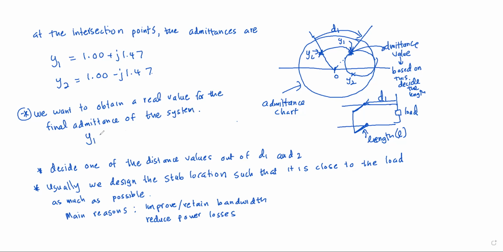So what do I mean by that? The value y1 is 1.00 plus j 1.47, right? I want to convert this into a real value. So in order for me to convert this into a real value, what should I do?